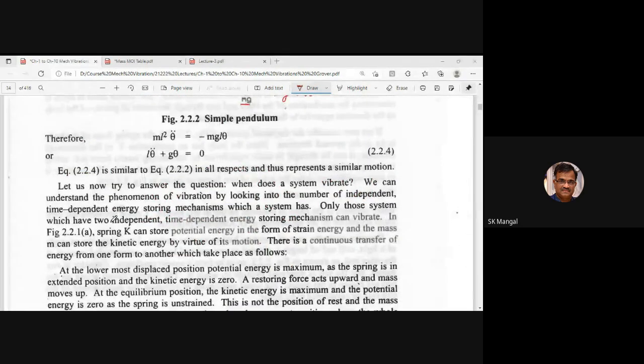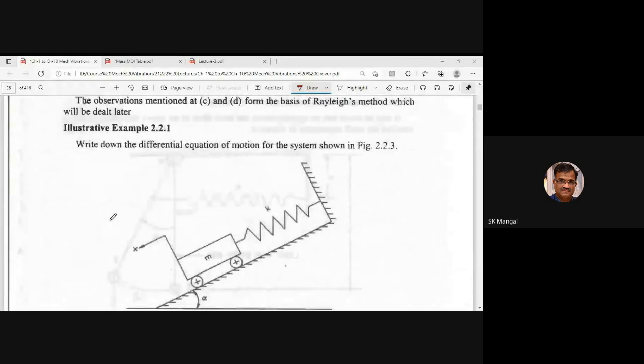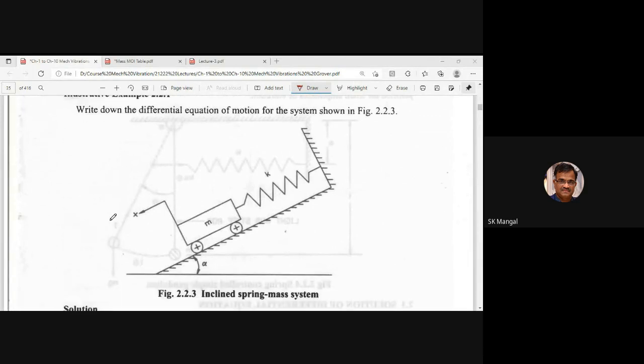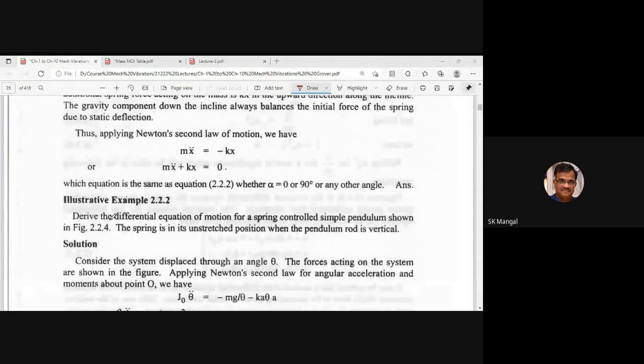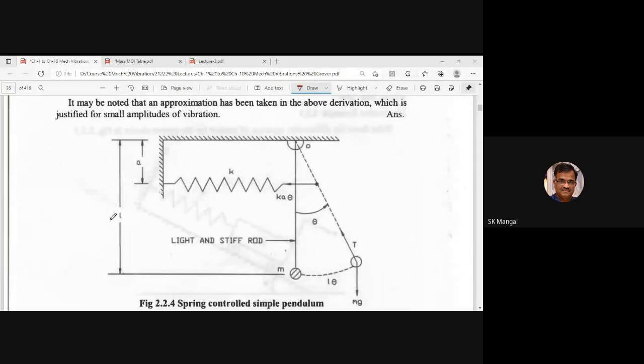Now you are having a spring controlled pendulum. So I am putting a spring here. And in the equilibrium condition, the pendulum is in the vertical direction.